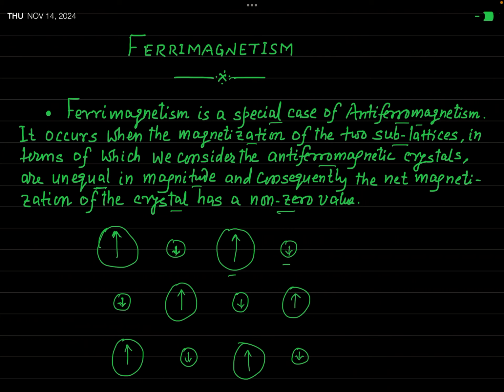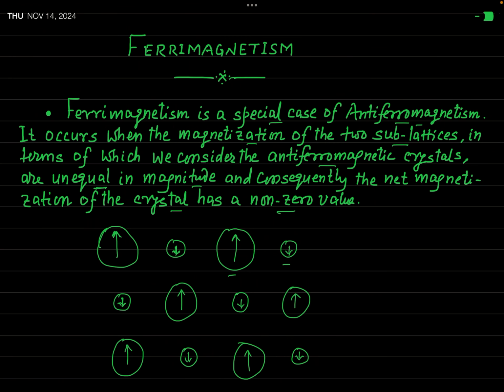But the second lecture on ferrimagnetism will be the most important, and that will be the explanation of ferrimagnetism on the basis of molecular field theory, where we will calculate the ferrimagnetic susceptibility and the Curie temperature.